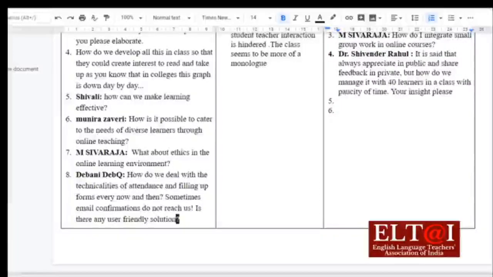The only thing we as teachers need to do is first explore ourselves, find out the comfort zone, and then find an appropriate match with the pedagogy. So I think that gives us a better solution to make our online class interactive.